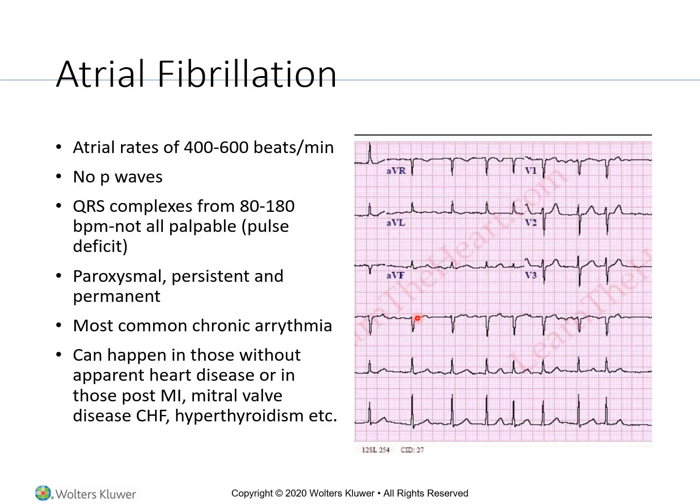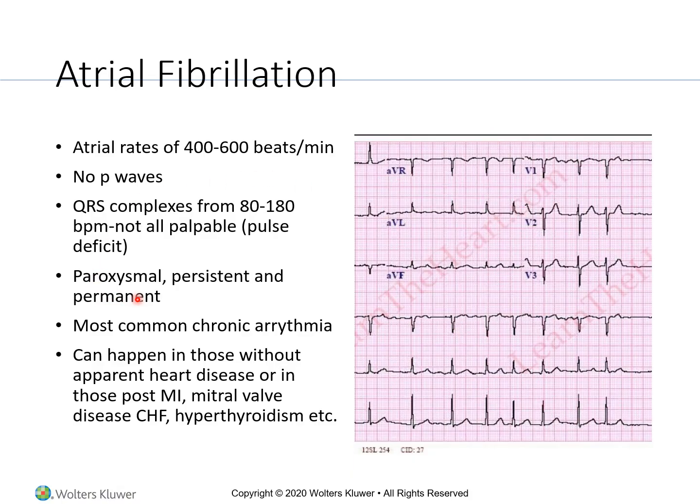We call that a pulse deficit. And this is why with patients with really irregular heart rates, we often advise you to take their pulse apically so you can hear every contraction rather than trying to feel them, because you may miss a heartbeat and then you would undercount this patient's heart rate.